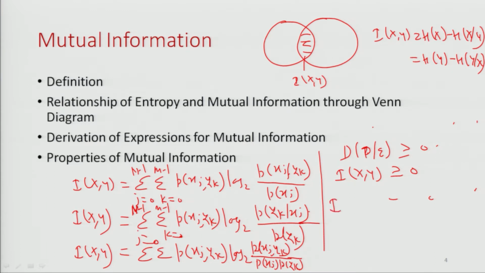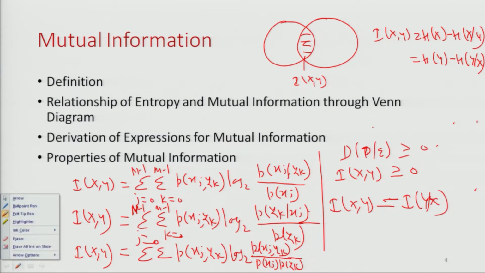Another property is that I(X;Y) is equivalent to I(Y;X). That can also be derived using this equation, because if you write the equation for I(Y;X), it remains the same with yk comma xj.